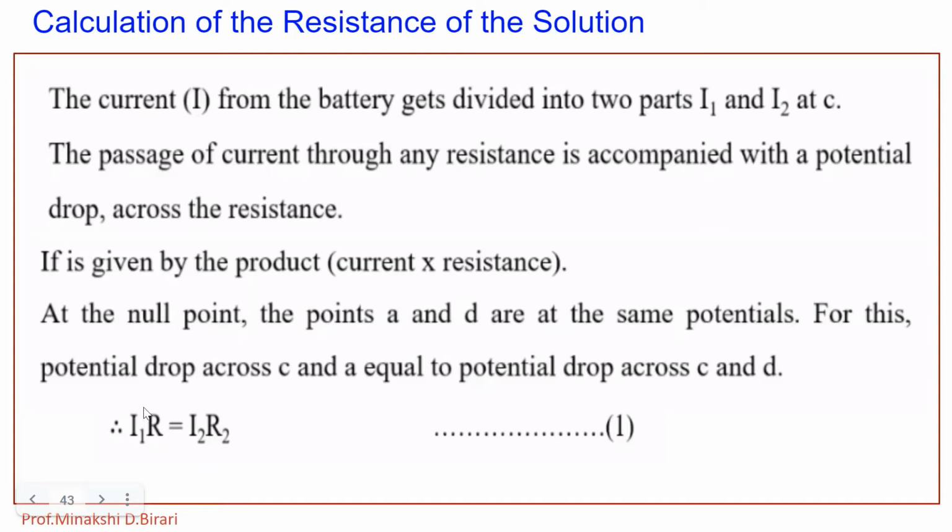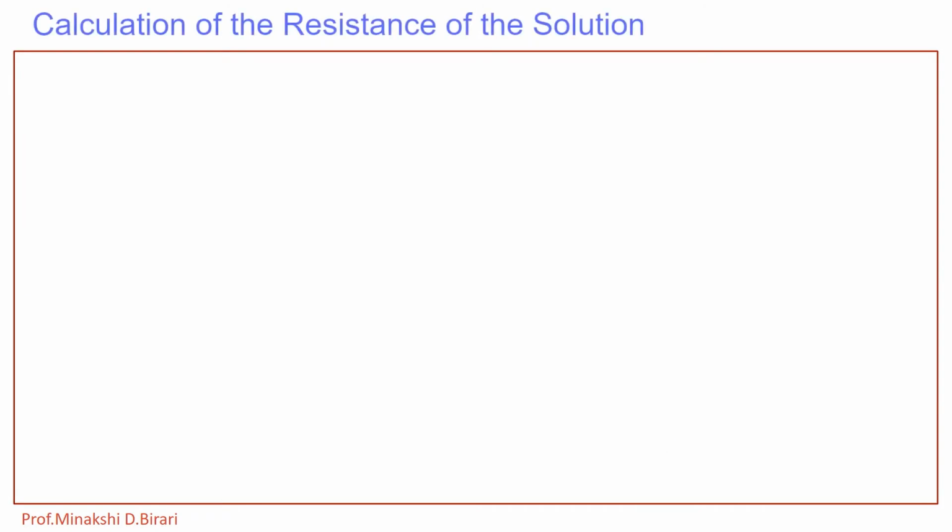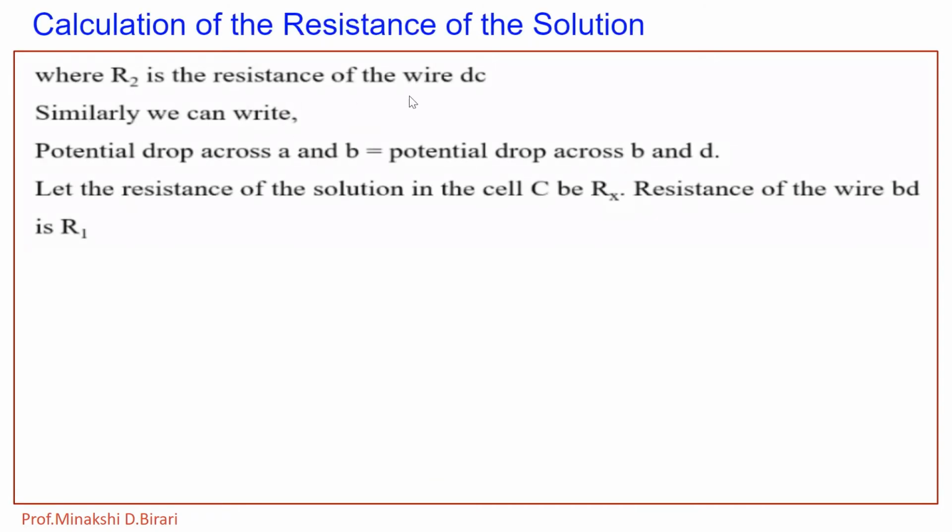For this, potential drop across C and A is equal to potential drop at C and D. Therefore, I1 into R is equal to I2 into R2, which is represented by equation number 1, where R2 is the resistance of the wire DC.